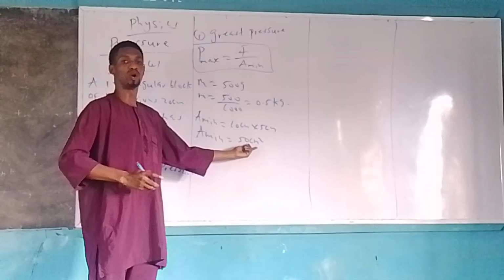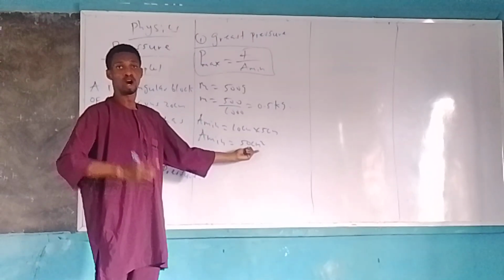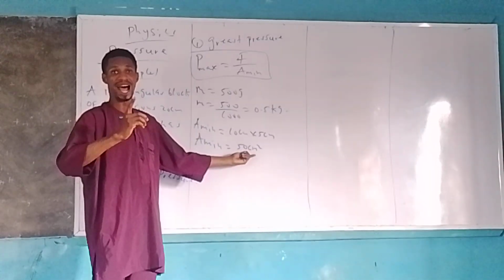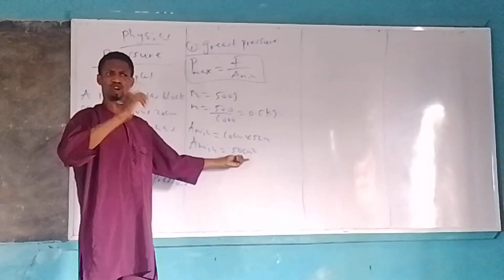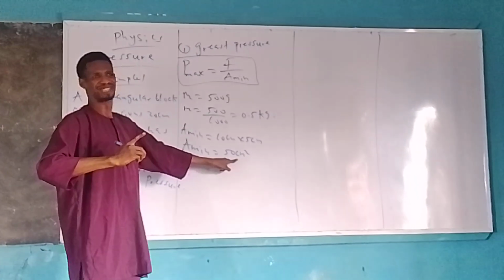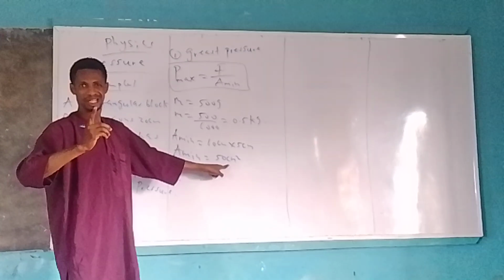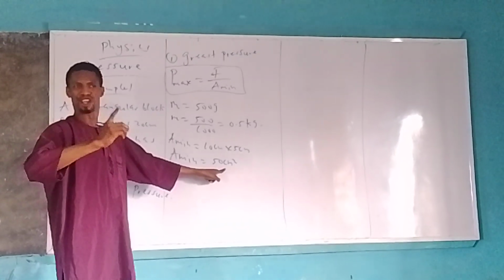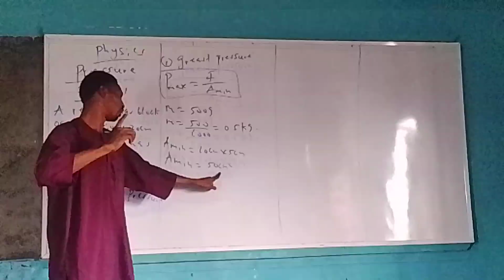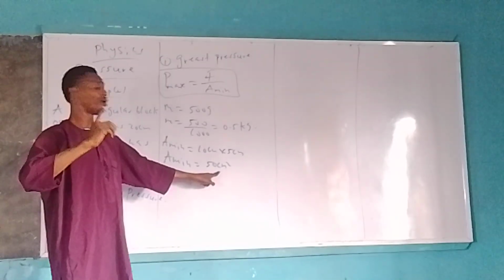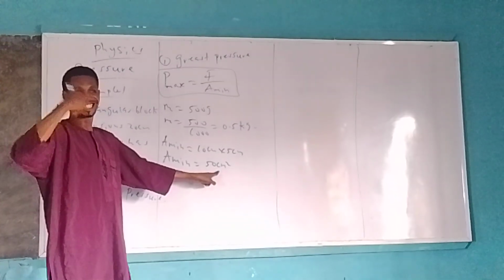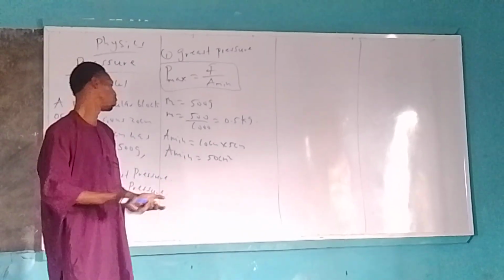Because centimeter is not the standard unit for area. The standard unit for area is meter. Most of you don't know how to convert centimeter square to meter square. Now I know the problem of students.